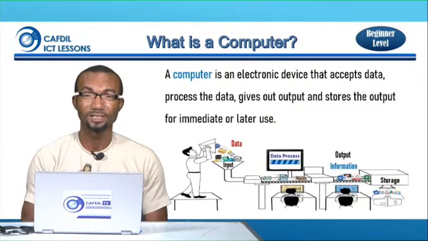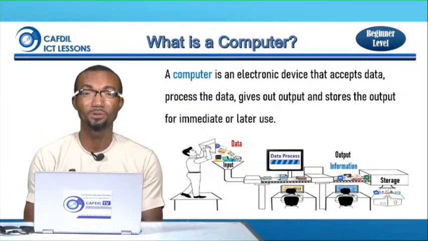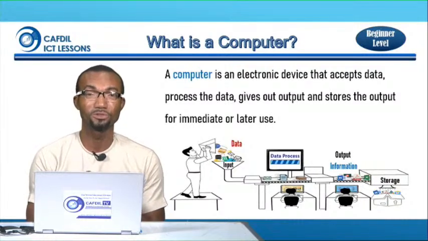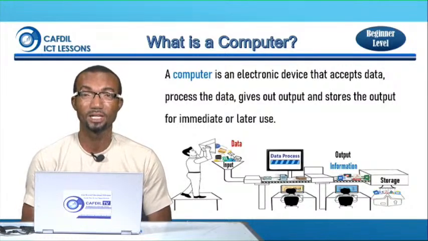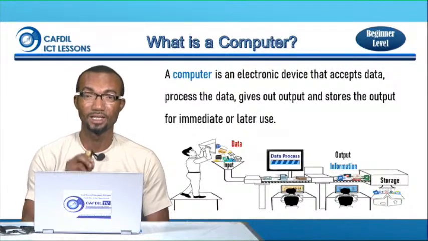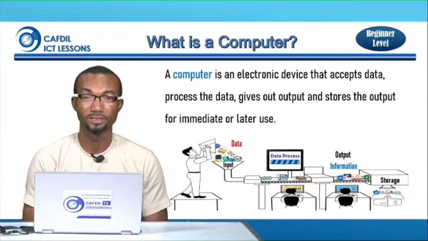So viewers, that is what a computer is. And we are going to break down this definition for you to understand it better. So we are going to take the key words from this definition and then we try to explain it.